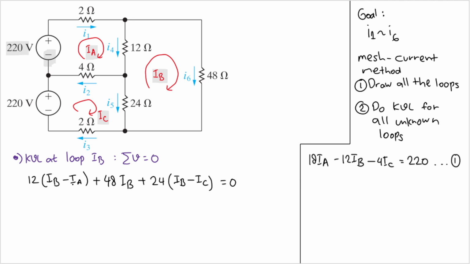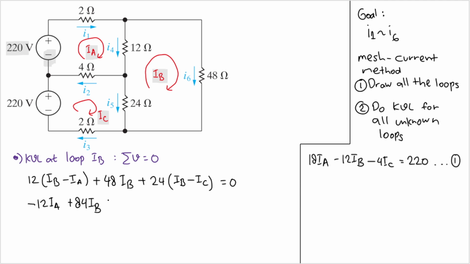And then we will have IA here multiplied by 12, so I'll have minus 12 IA. Okay, and then we will have 12 plus 48, that will be 60. 60 plus 24, that will be 84. And that is IB.